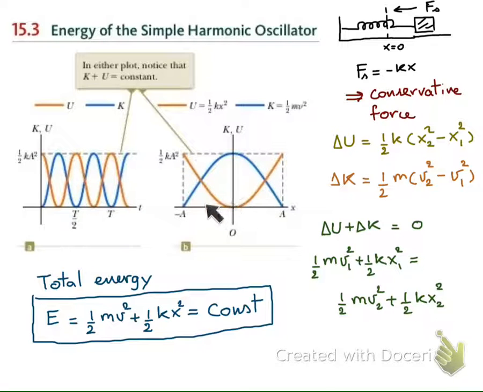It has a maximum value when the displacement of the object is equal to the amplitude, or minus the amplitude, and it goes down as a parabola. The curve is a parabola because this term is a quadratic term, whose graph is a parabola.